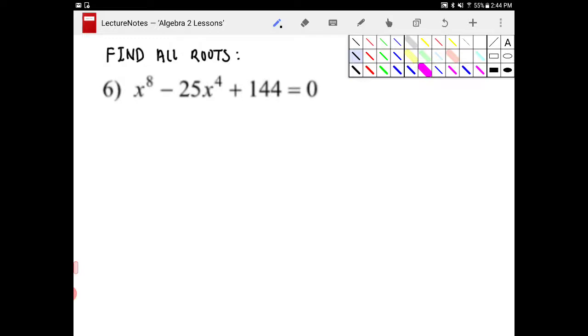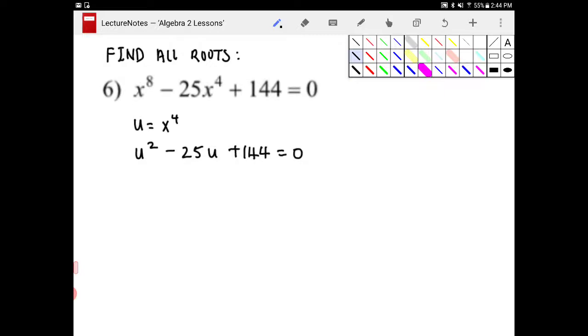So how am I going to rewrite this? I'm going to call u equal to x to the 4th. If I make u equal to x to the 4th, then the entire equation will transform into u to the 4th, or u squared, minus 25u plus 144 equal to 0.